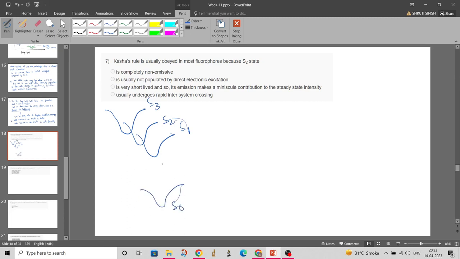So there is so much energy gap between the S1 and S2. And if somehow we are exciting S3, it will come to S2, then S1, and then emission happens from the S1 state.